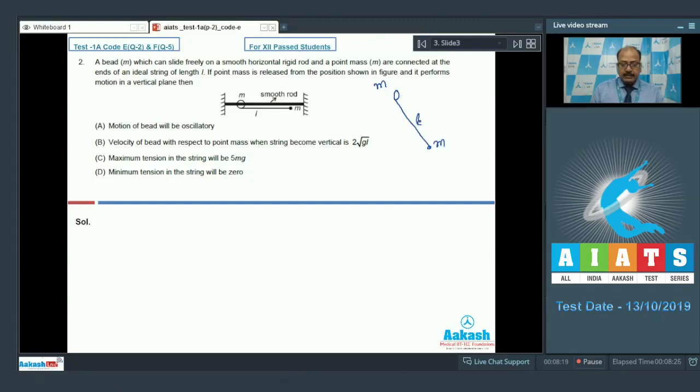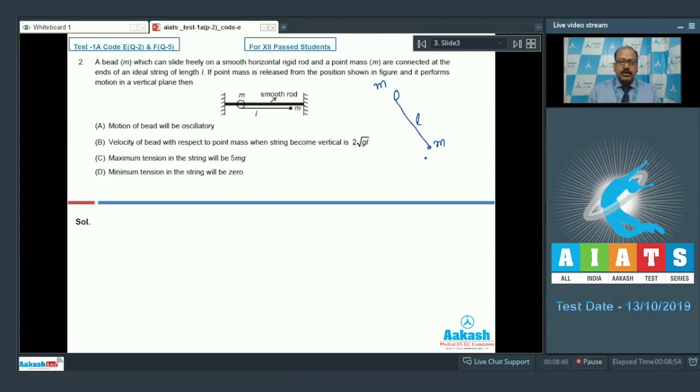This length is L. Now if we consider that the bead, the string and the particle of mass m form a system, then on this system there is no external horizontal force, which means the momentum will be conserved in the horizontal direction, number one.